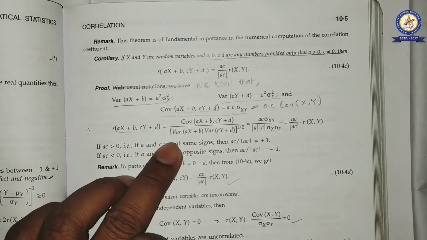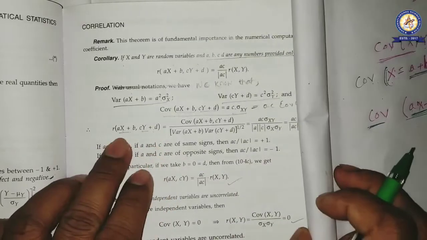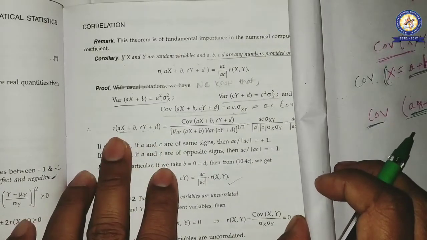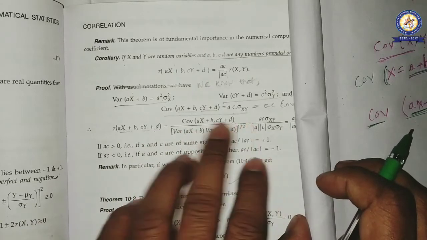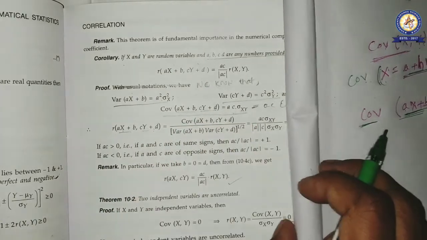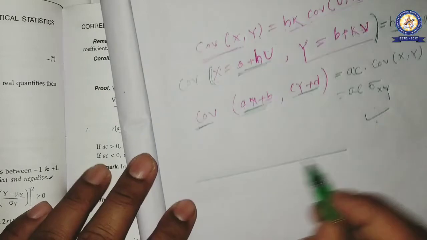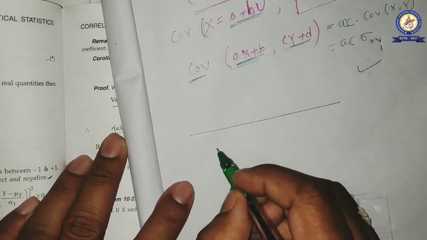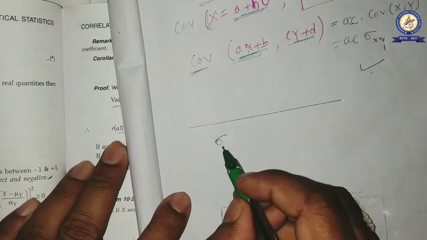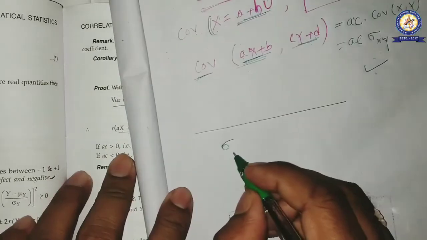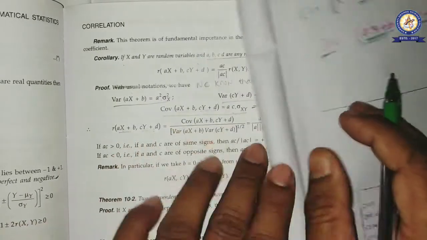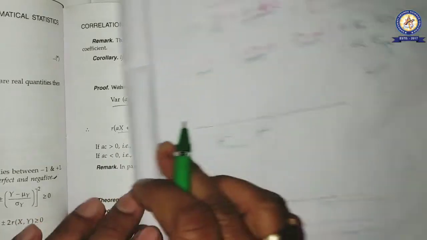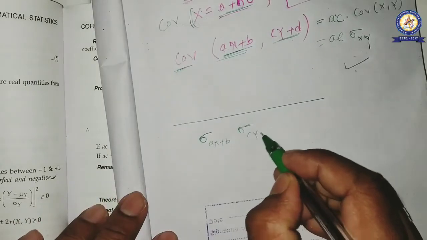instead of writing standard deviation, see, the correlation coefficient r will be the covariance of this one in the numerator, divided by the standard deviation of ax plus b and the standard deviation of cy plus d.